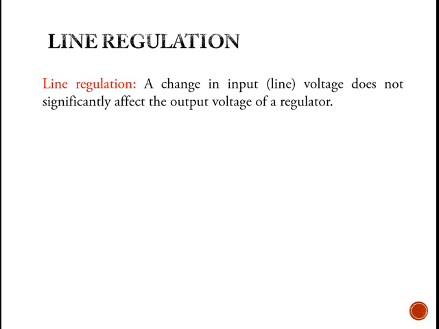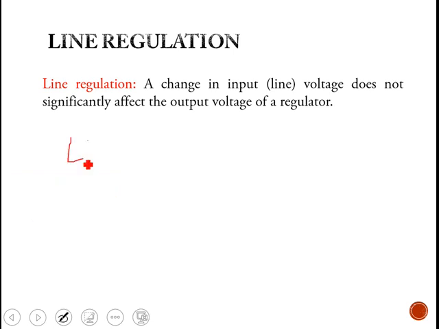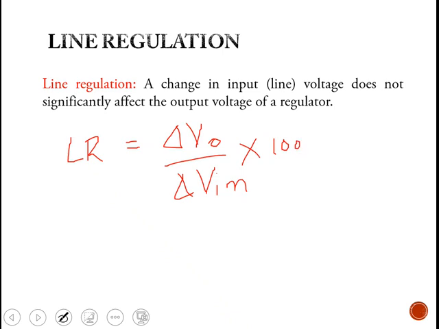So we can tell that the line regulation is nothing but the change in the output voltage corresponding to the change in the input voltage. Irrespective of the changes in the input voltage, the output voltage should be held constant.